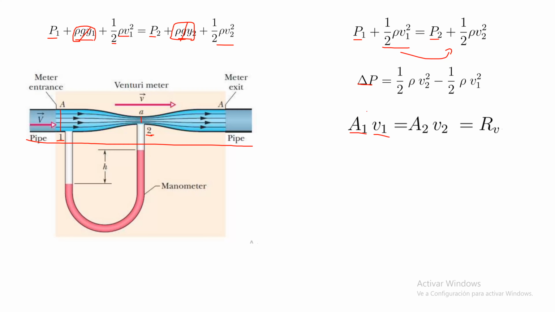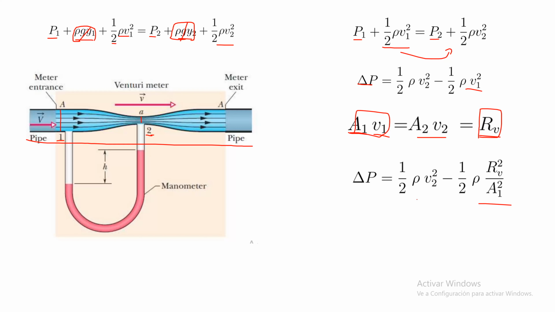Well, its multiplication will stay the same. And we call this value the flow rate, which is this right here. So we can simply use this part right here, A1 times v1, equals the flow rate, and just isolate velocity. So we get this formula. You see, we replace velocity with this formula right here.